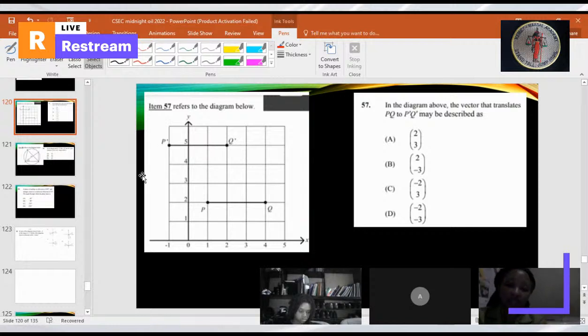So just focus on either P or Q and see how much you need to move to get to the other, from P to P prime or Q to Q prime.